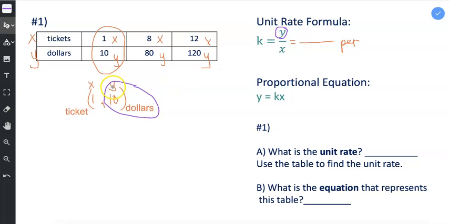And the y in this coordinate is $10. So I go to my typing tool and I type $10. And then I'm going to figure out what the x value is. And the x value is 1 ticket. And I'll type that in the denominator.